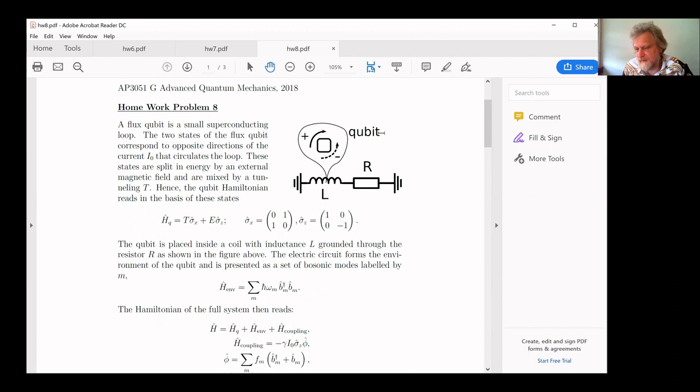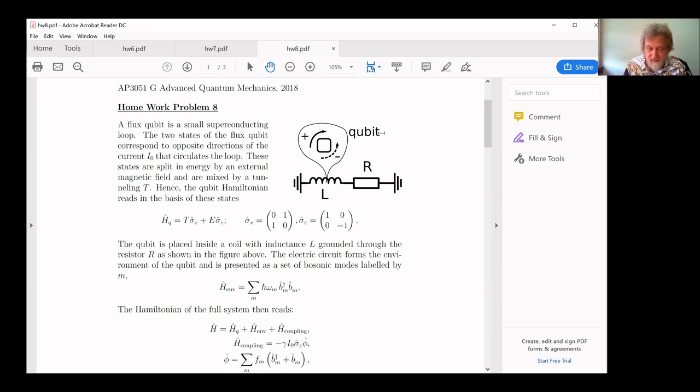First of all, there is a qubit. A flux qubit is a small superconducting loop. The two states of the flux qubit correspond to opposite directions of the current that circulates in the loop. If you concentrate on the solution of the problem, this is white noise for you.